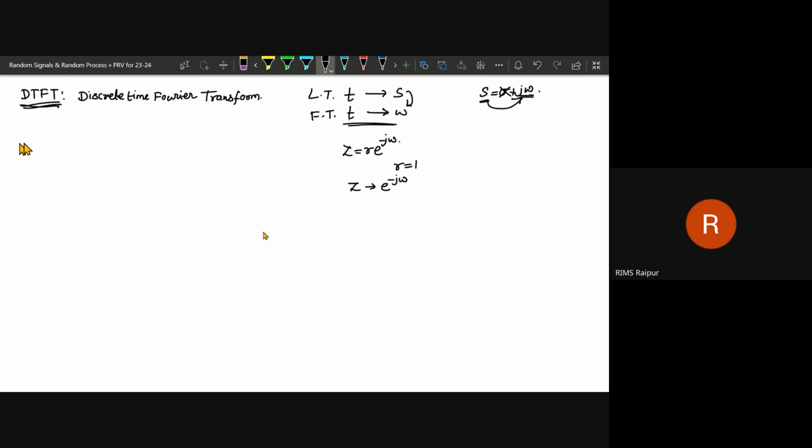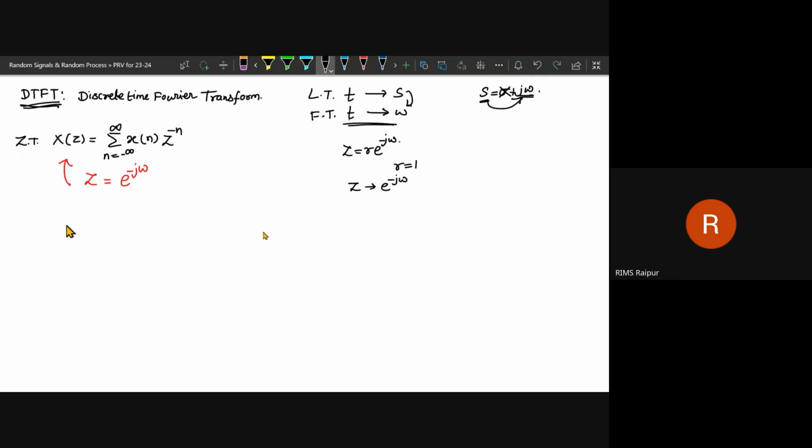Okay, so let's see what was the mathematical expression for the Z transform. It is X of Z equals summation n equals minus infinity to infinity x of n z raised to power minus n. So simply replace z with e raised to power minus j omega in this expression.